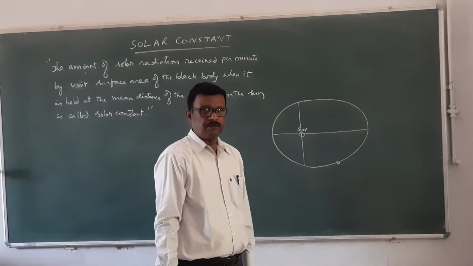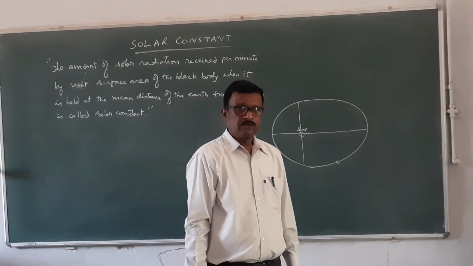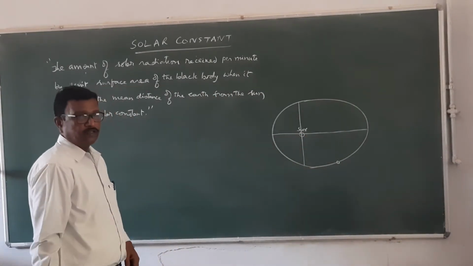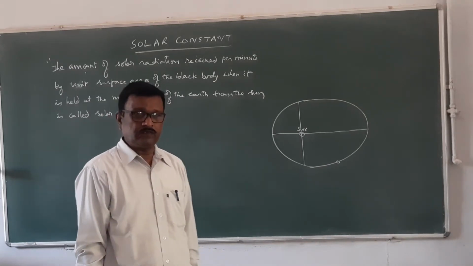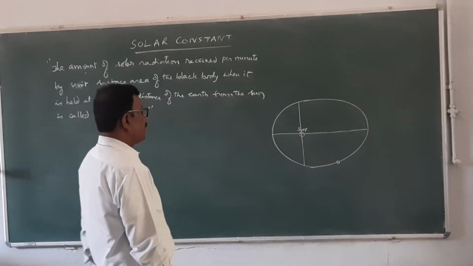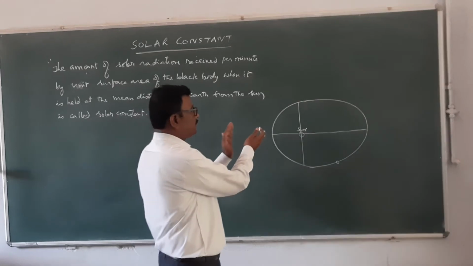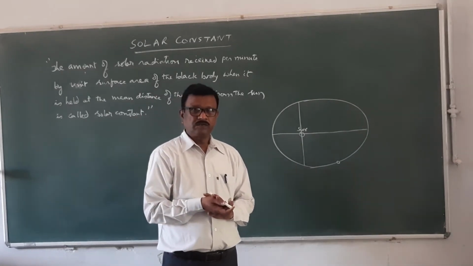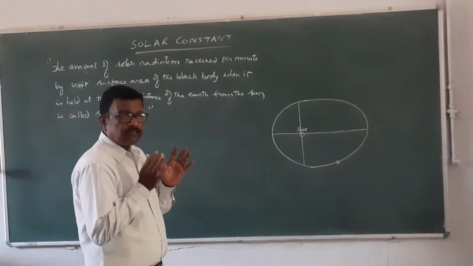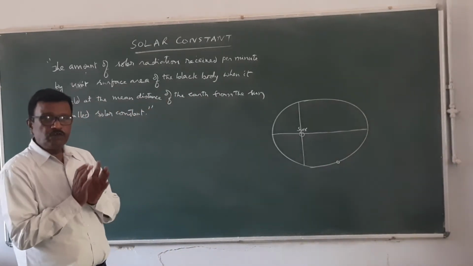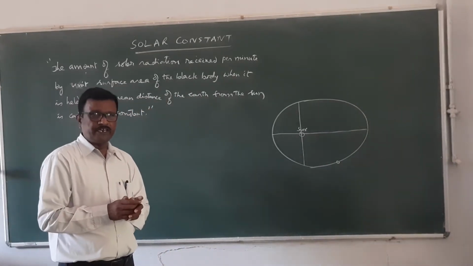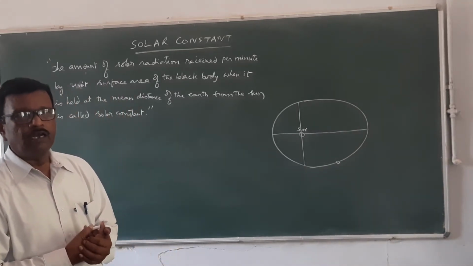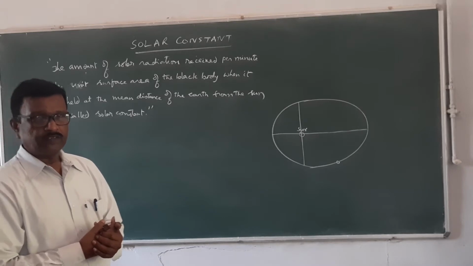The mean distance has to be taken while calculating the solar constant. When the object is kept at the mean distance from the sun, the radiation received by unit surface area of the black body in 1 minute is called the solar constant.